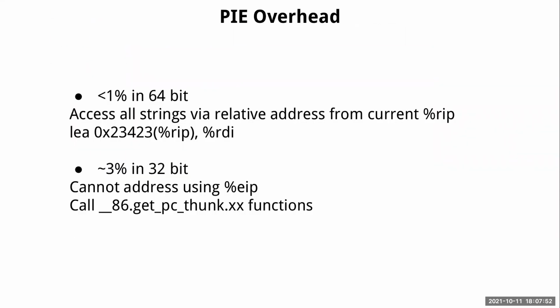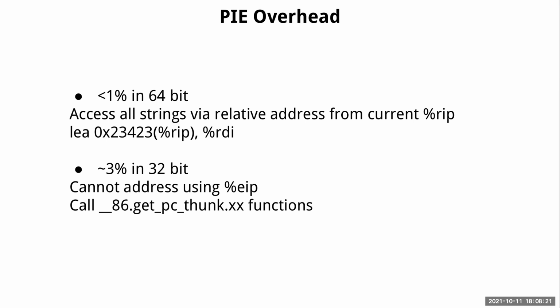So PIE is actually quite efficient. Only less than 1% overhead in the 64-bit version. Also because in the 64-bit version, you can directly address RIP. In 32-bit, you cannot use this register, EIP, directly.